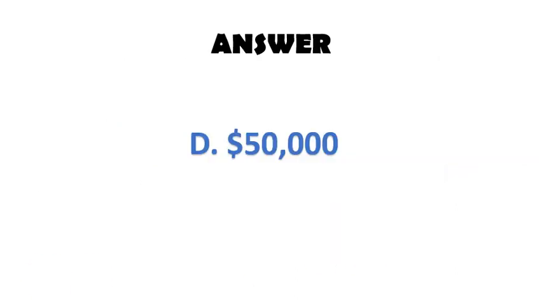The correct answer is $50,000. That is how you answer a coinsurance question. The more you do, the better you'll get, and sometimes you won't even have to do the did over should times the claim formula. You might be able to do it in your head, especially if you're math savvy, which I'm really not. So I'll stick with formulas, which will help some of you who are not really good at math.